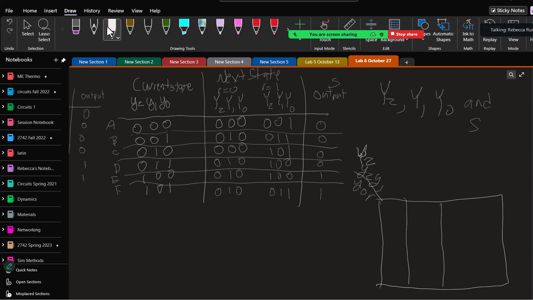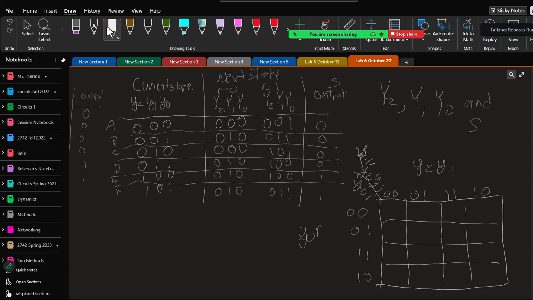So I'm going to have a 4x4 Karnaugh map, and the top, 0, 0, 0, 1, 1, 1, 1, 0, is y2, y1, and the side is y0 r. And I'm looking at just y2.